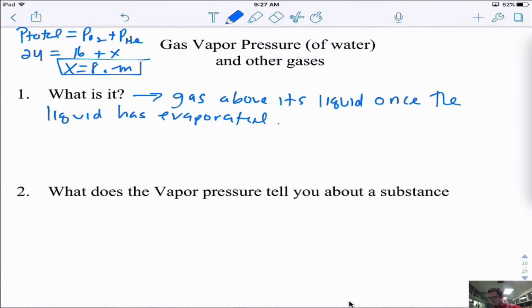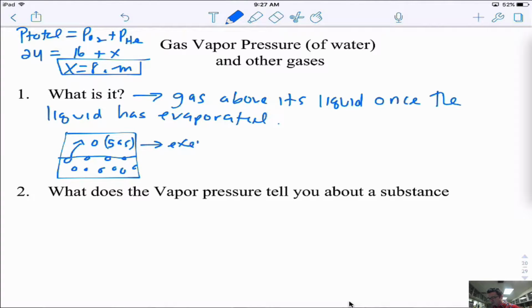So if we were to draw a container here and have our liquid here, some of the liquid on the surface evaporates and forms gas up here. That gas exerts pressure. That's equal to our vapor pressure.